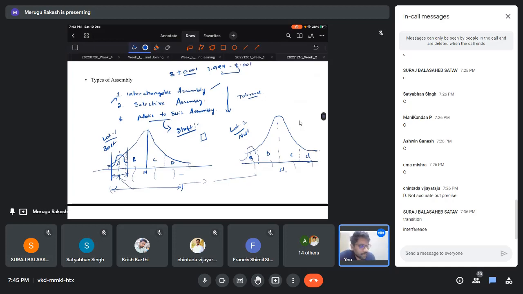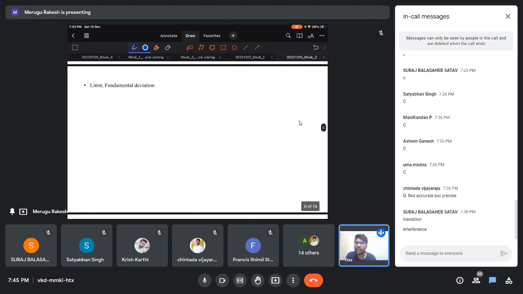Now coming to the important topic. Whatever I've discussed is a prerequisite for this topic. Limits and fundamental deviation is the main topic which was frequently asked in GATE. You can revise this before going to the exam, which will fetch you good marks.